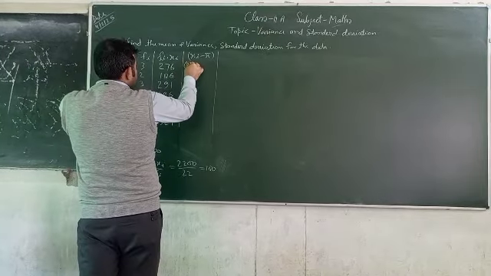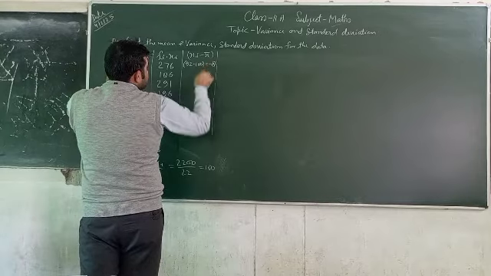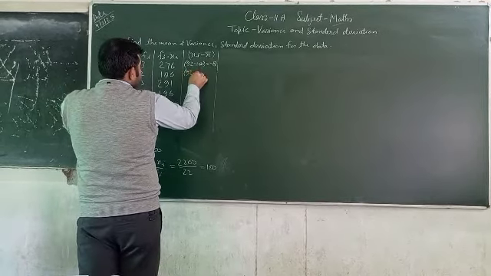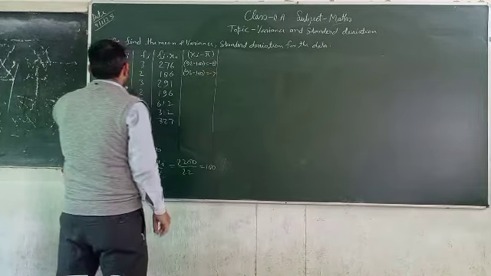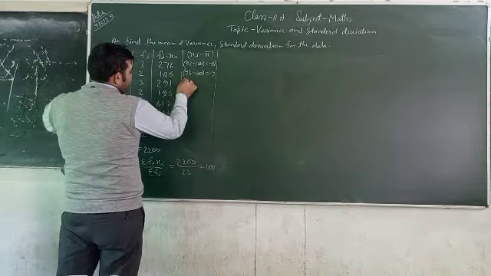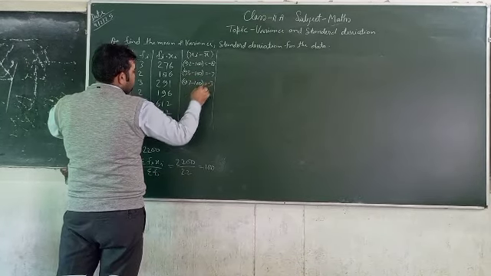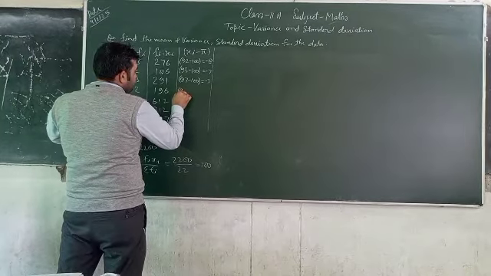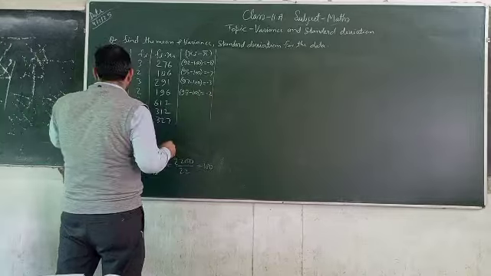Xi minus mean is 92 minus 100, and that is minus 8. 93 minus 100, and that is minus 7. 97 minus 100, that is minus 3. 98 minus 100, that is minus 2.